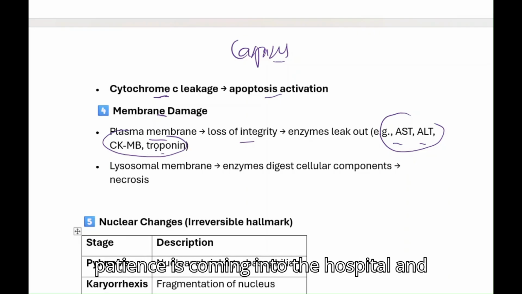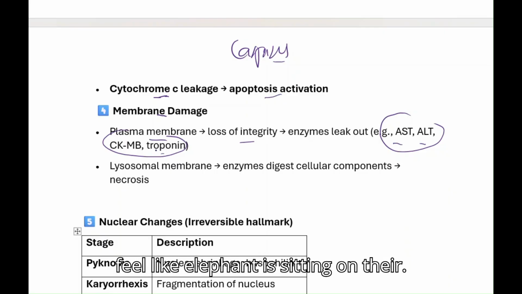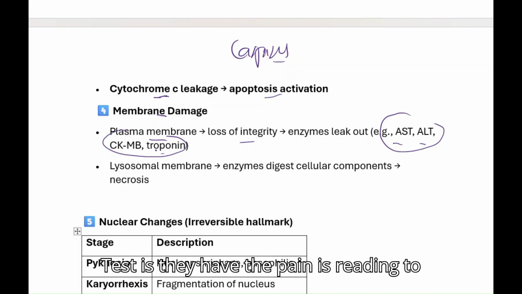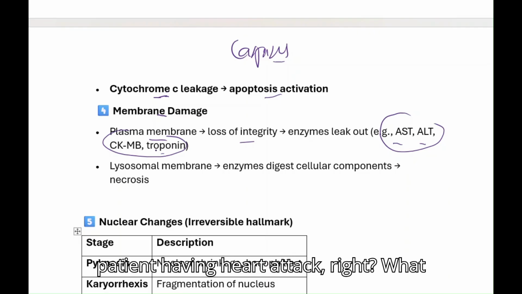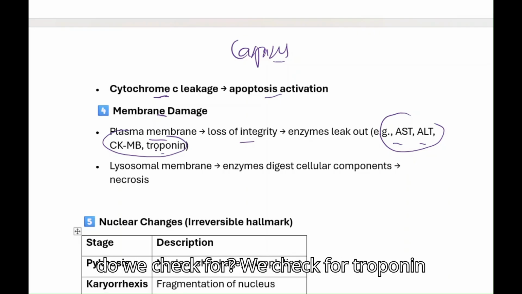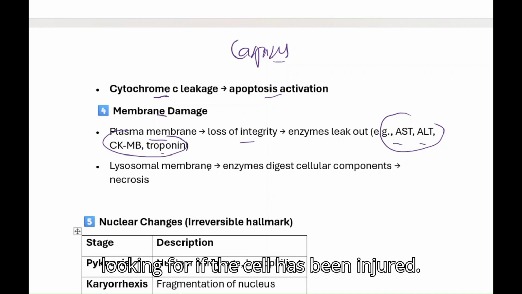And that's why if a patient is coming into the hospital having left-sided chest pain, they feel like an elephant is sitting on their chest, the pain is radiating to their jaw, and we're thinking, is this patient having a heart attack, right? What do we check for? We check for troponin and CK-MB. And while we're checking it, we're looking for cellular injury, right? We're looking for if the cell has been injured.